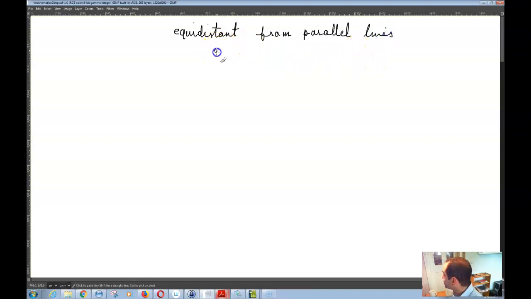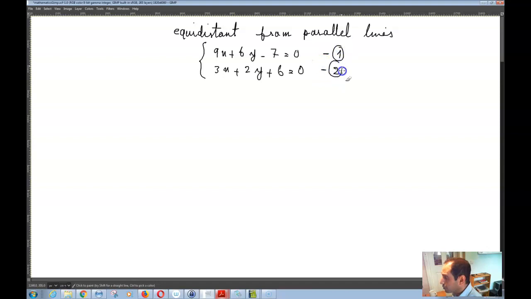So you have basically 9x plus 6y minus 7 is equal to 0, and 3x plus 2y plus 6 is equal to 0. So you have these two lines, and you have another third line which is basically equidistant from these lines. You want to find the equation of that line.